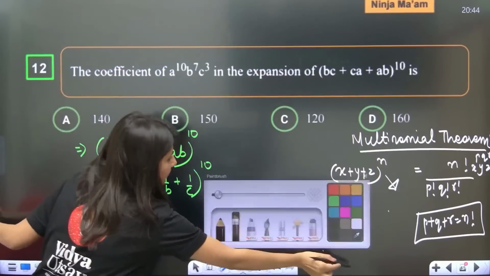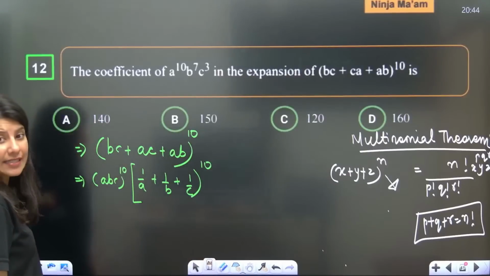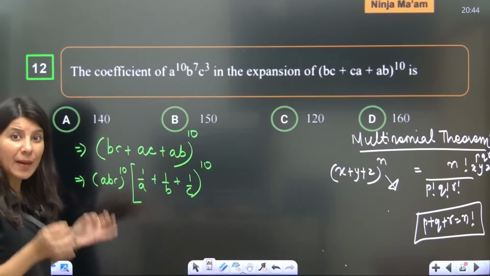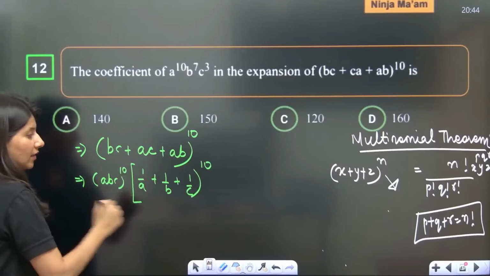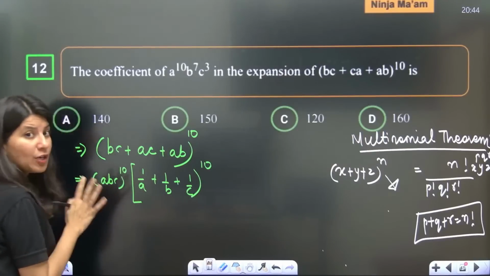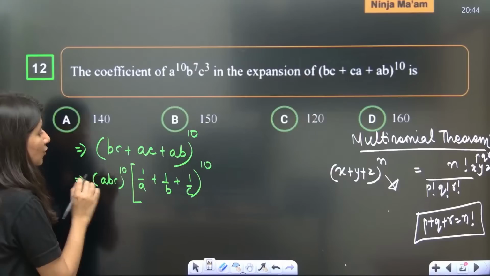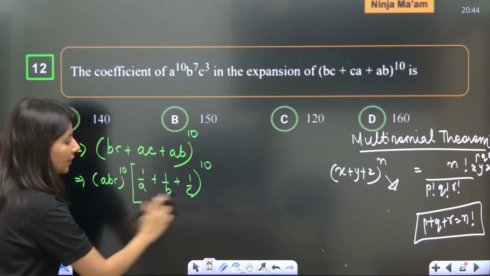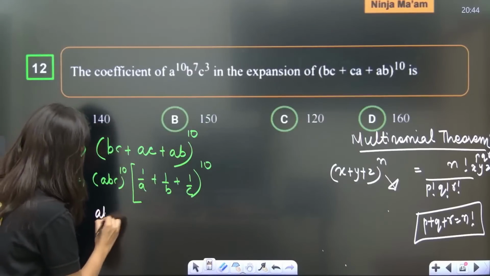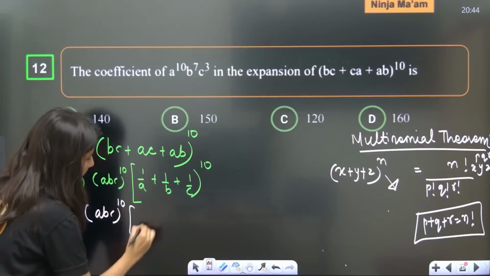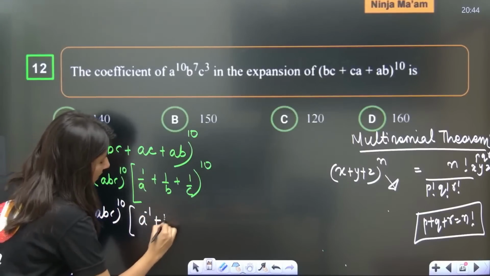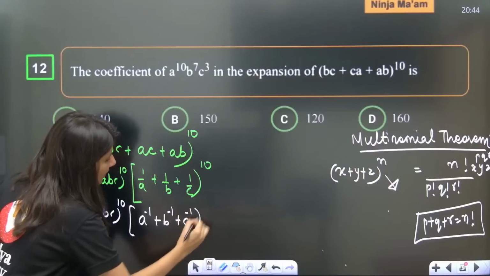So abc power 10 is there, so a power 10 you are having by default. So you want from here, what do you want? This is a power minus 1 plus b power minus 1 plus c power minus 1, power 10.